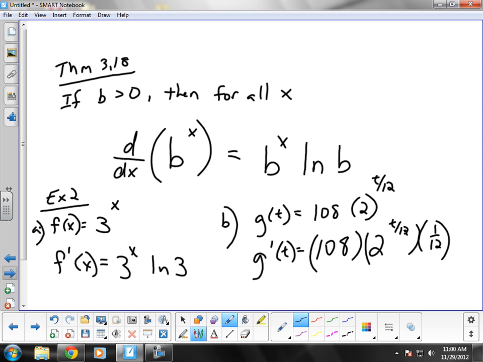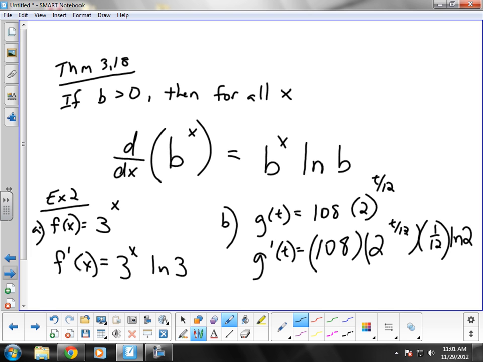So it'd just be the coefficient times the ln of the 2. No, not the power rule, because the variable's in the exponent. Anytime the variable's in the exponent, I can't use the power rule like we've done before.